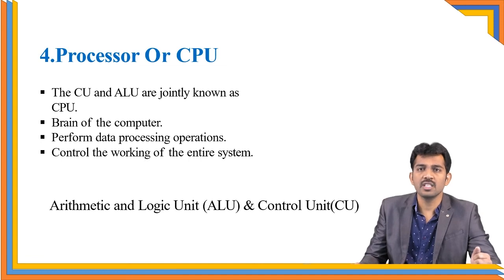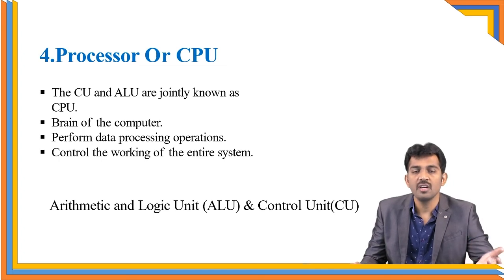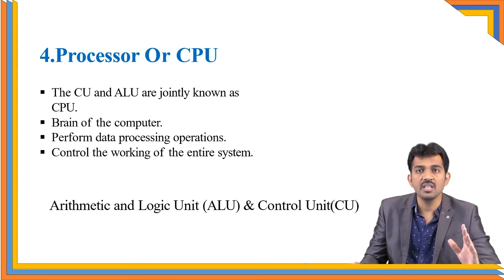Next, processor or CPU. See, this is the main unit of your computer. All the input commands go to the processor or CPU, central processing unit. The CU, control unit, and ALU, arithmetic logical unit, are jointly known as the CPU. It is the brain of the computer. Please note this.